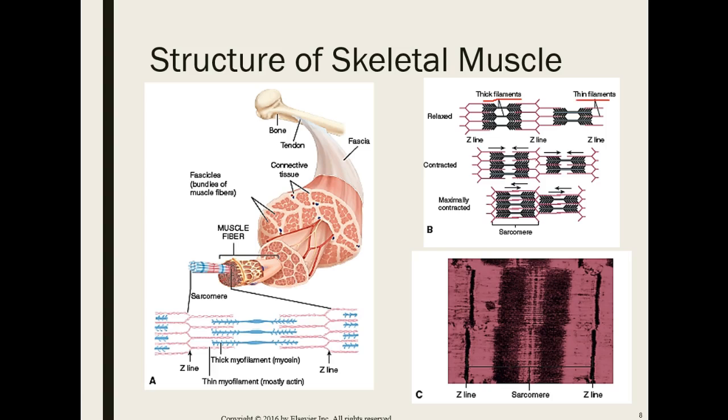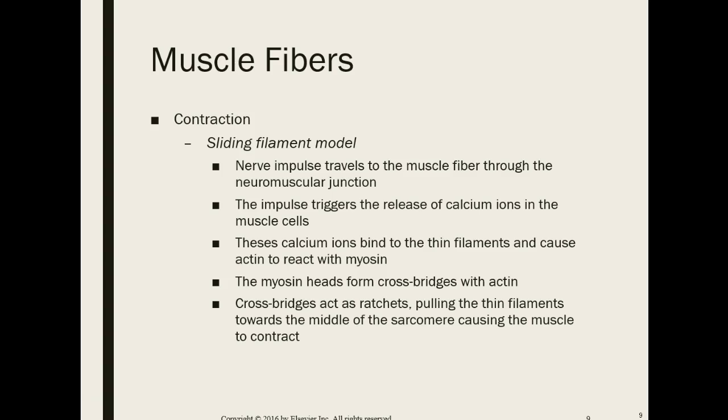What happens is when the muscle contracts, those thick filaments kind of ratchet those thin filaments closer together. That's what's causing that shortening of the muscle. That is called the sliding filament model, the contraction of the muscle fibers.